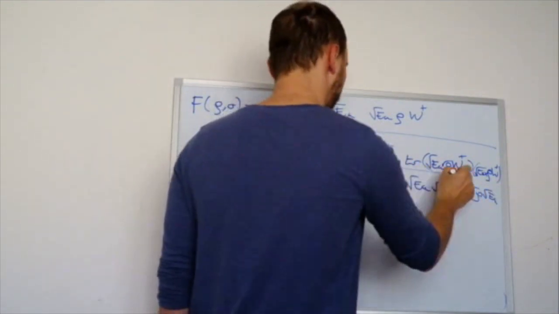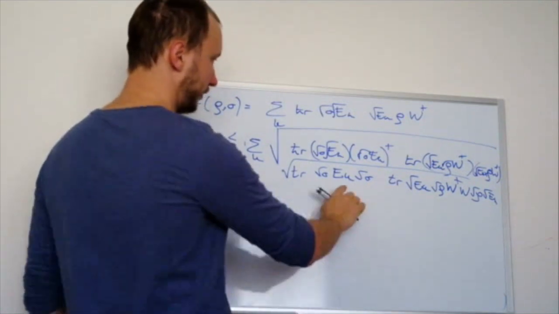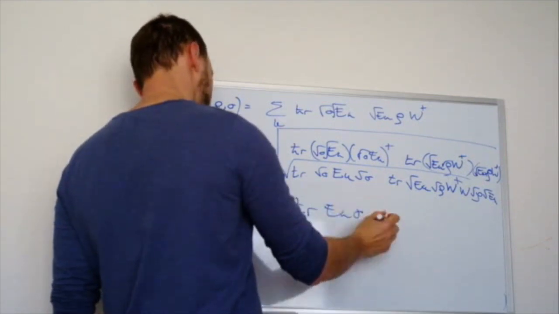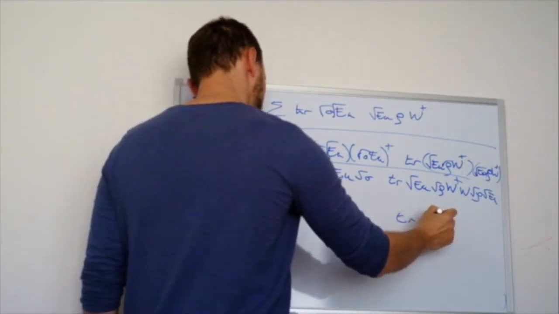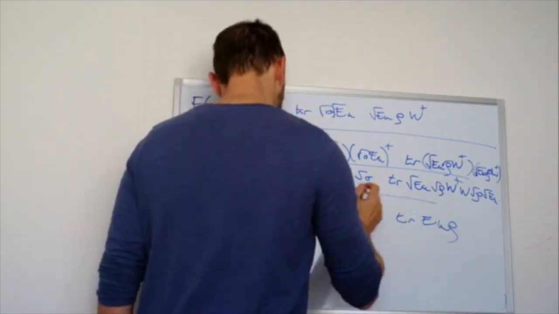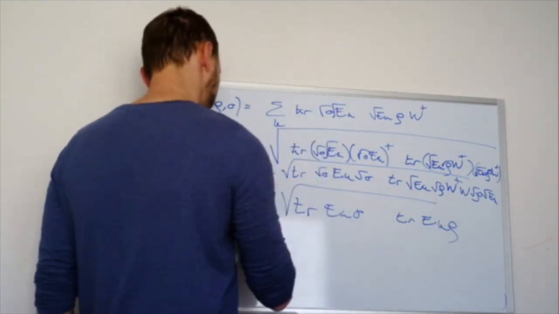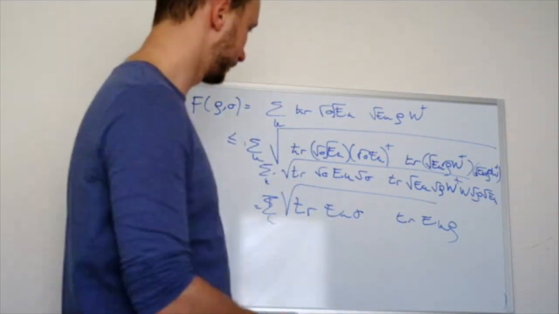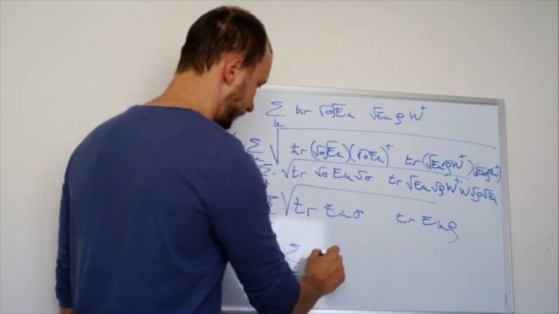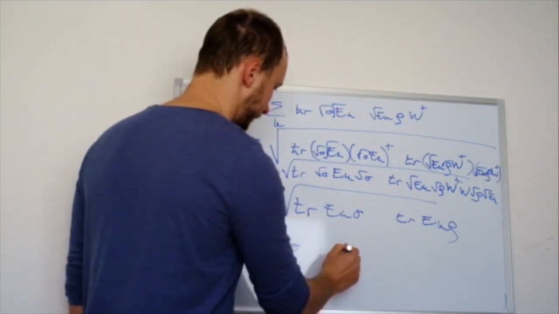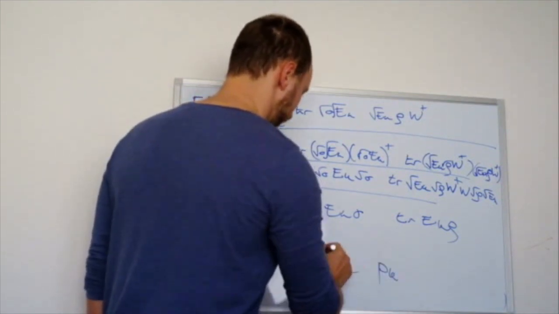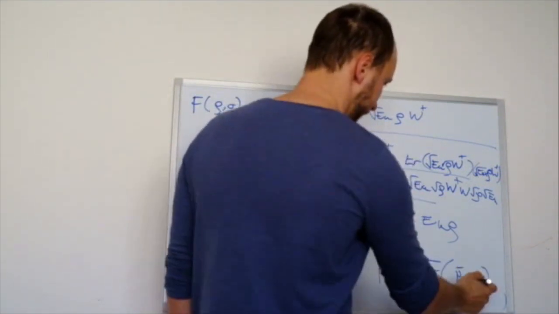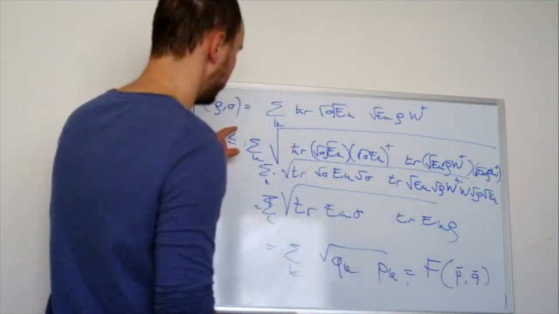So you see where we're going with this, no? This is the trace of E_K sigma, and this is the trace of E_K rho, summed over K. Precisely, this is the probability, so this is the sum over K of square root of P_K Q_K, which is the fidelity of the probability distributions obtained from the POVM we chose.